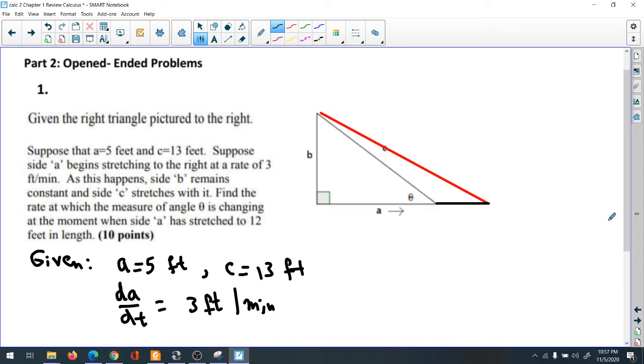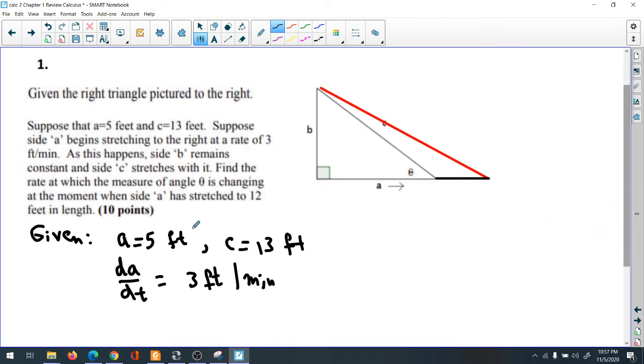Also, B remains constant. There is no change with B. That's all the givens.